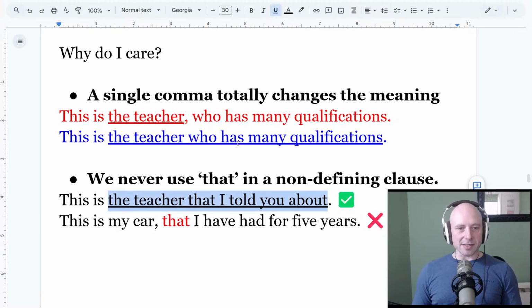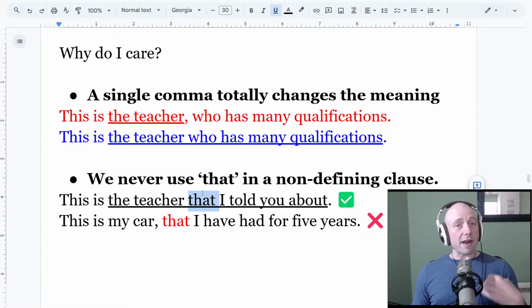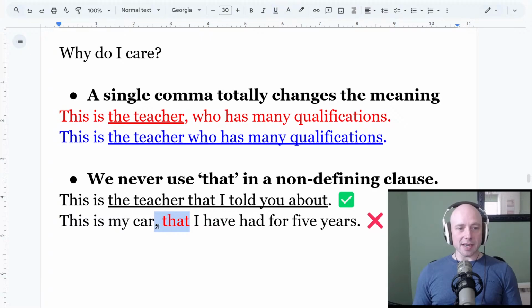It's a defining relative clause. And actually, we very often use that in defining relative clauses. But in the next one, this is my car, comma, that I've had for 5 years. That's not good. We don't like to do this, to have the comma and then that. So in non-defining clauses, we should instead use which or something else, like which, who, where, those kind of things.